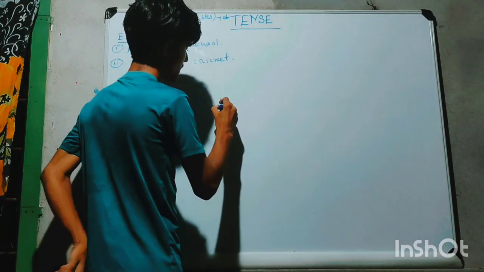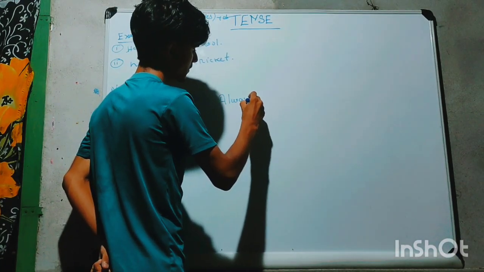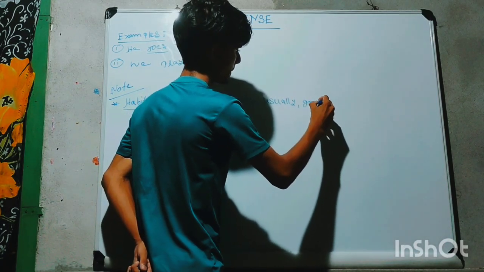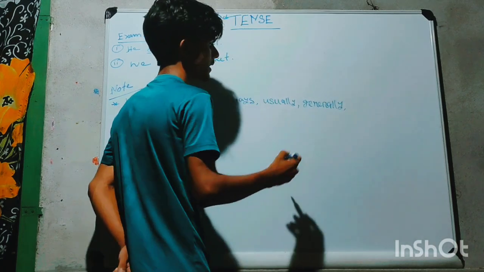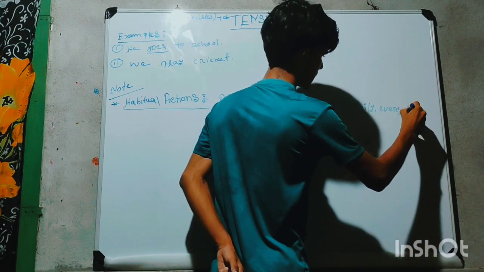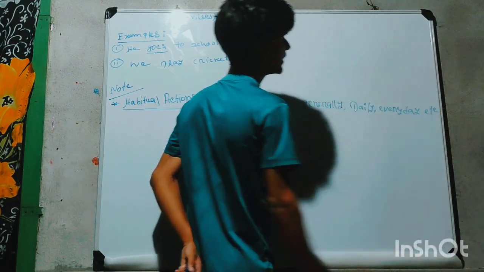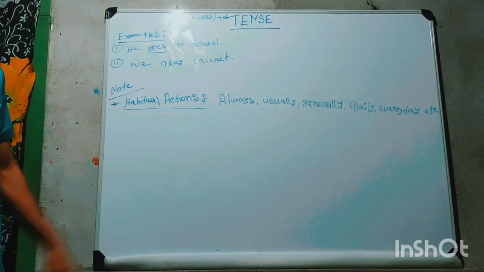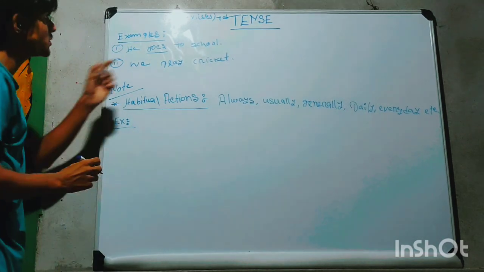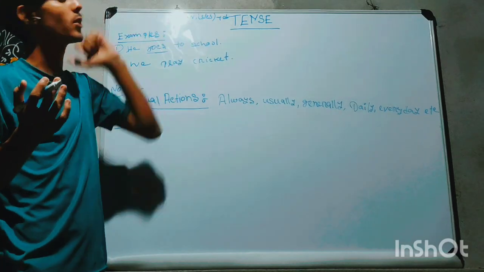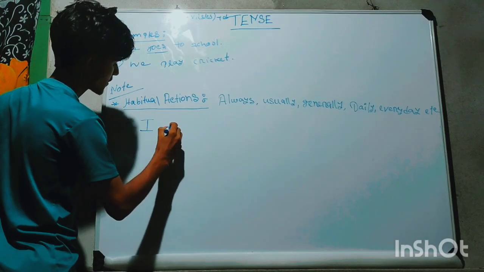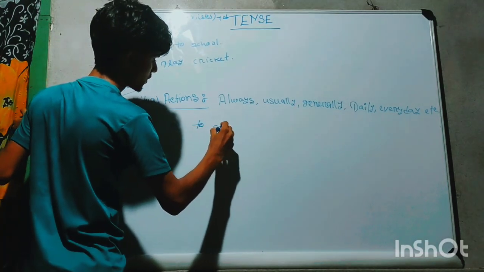In habitual actions, we often see always, usually, generally, daily, everyday, etc. Examples: we use the same sentence formation or structure. Habitual action: I go to college.